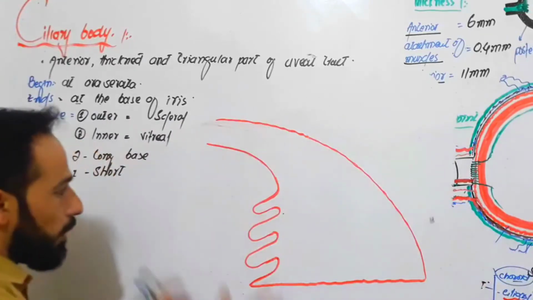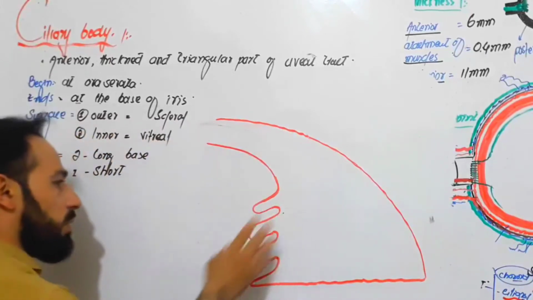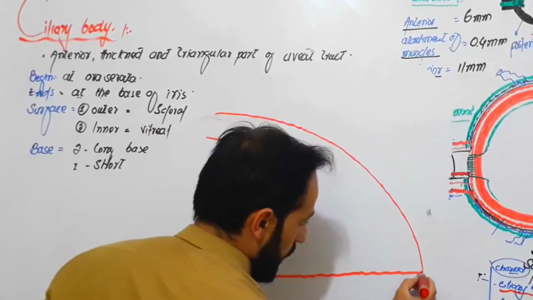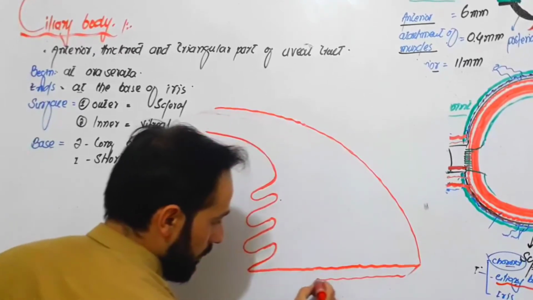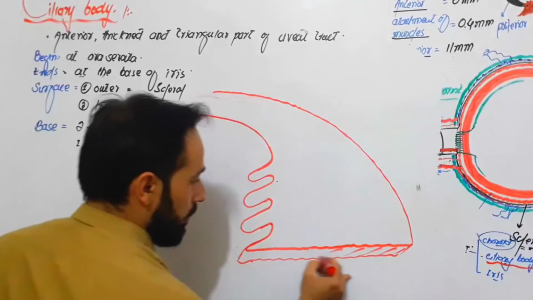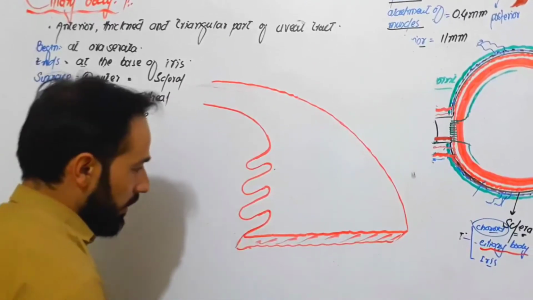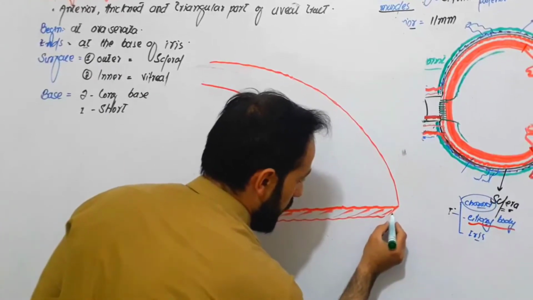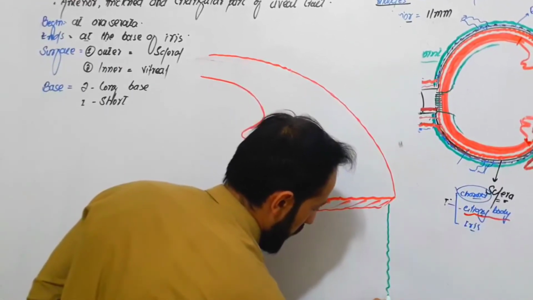Now let's see in big detail what the structures inside this ciliary body are. That will be so important for us to discuss this ciliary body. Look carefully. Here will be the continuation of your iris.